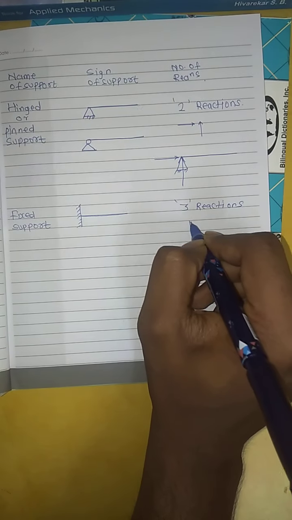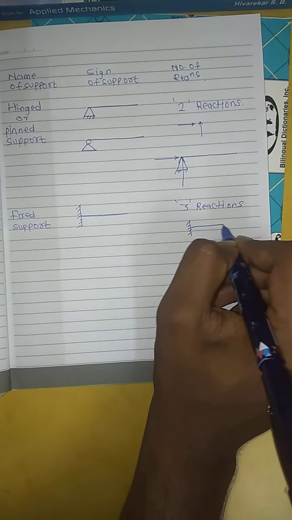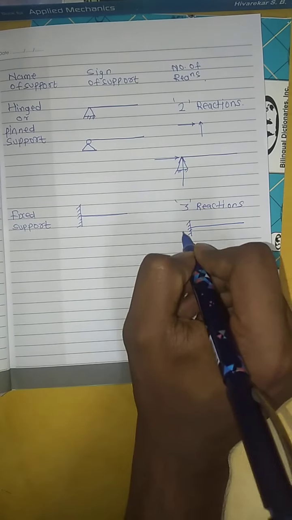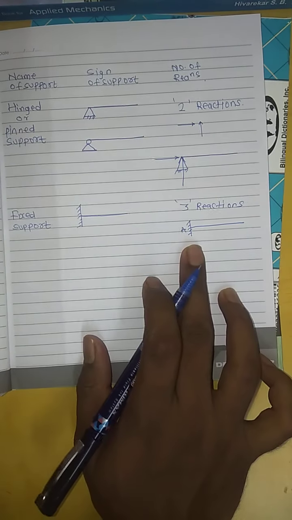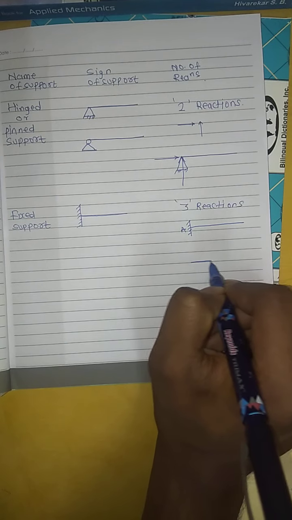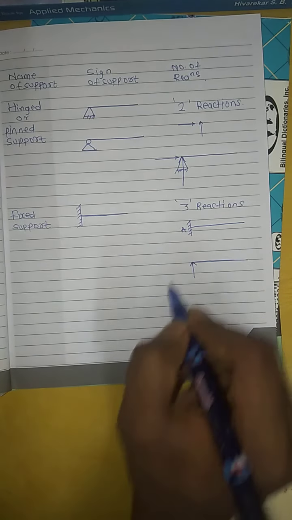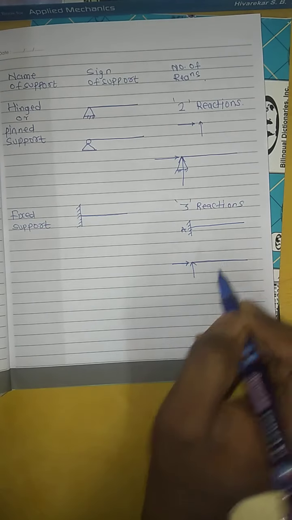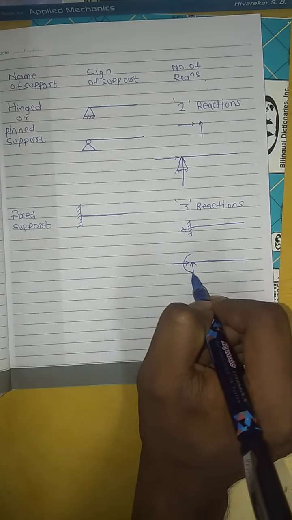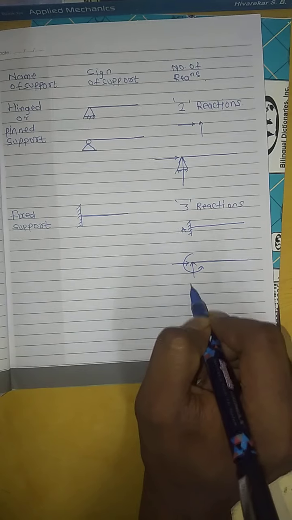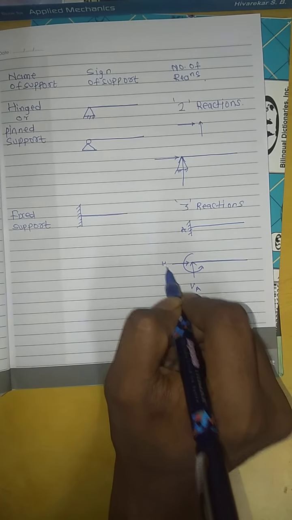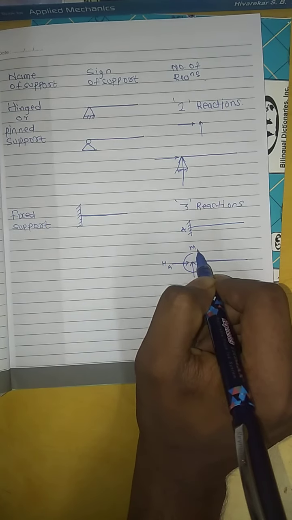Suppose this is the fixed support. Then at this point A, there will be one vertical reaction, one horizontal reaction, and one moment. Okay, VA, HA and MA.